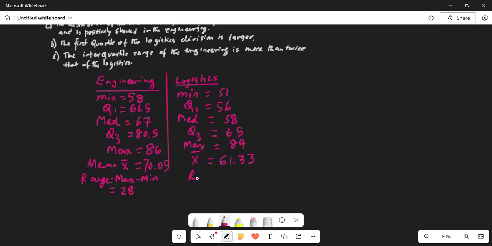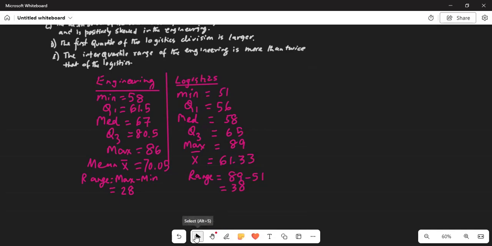And here the range is 89 minus 51, and that is equal to 38. So actually the range for the logistic is greater than that in engineering.